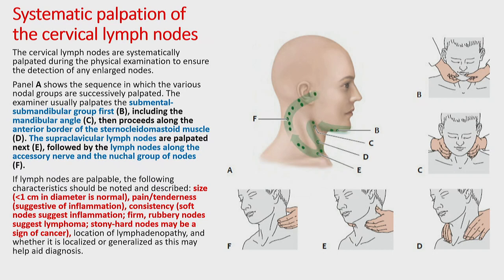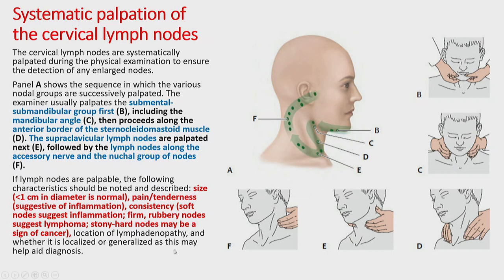If the consistency you feel is rubbery, it can be a tumor called lymphoma. If it is hard, fixed, not movable, immediately go to the doctor, because most probably it is cancer, yes?